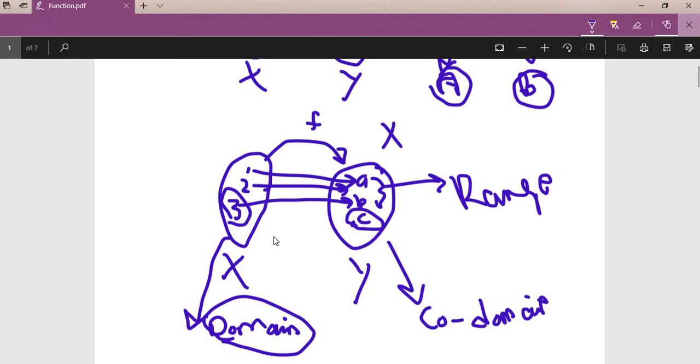If the set of domain is not completely used, then this is not a function. And if the domain is completely used, then we say that this is a function. For range, if we have 1 or 2 elements unused, like it is not the image of any number in the set X, then it is also a function.